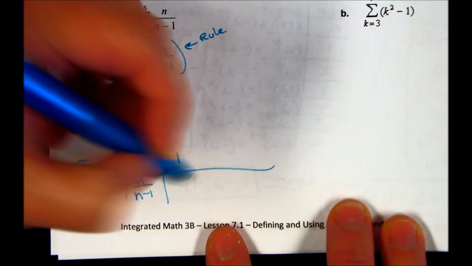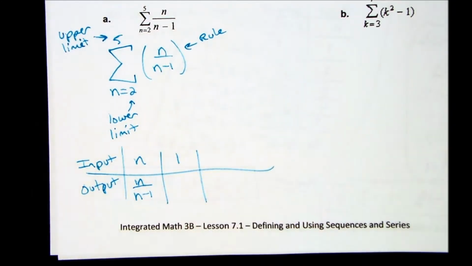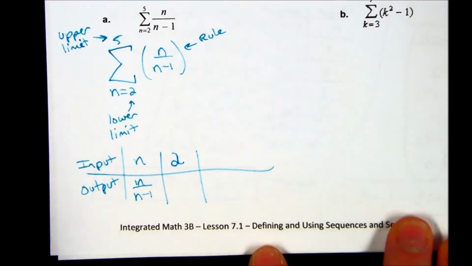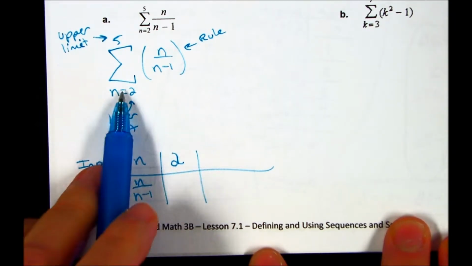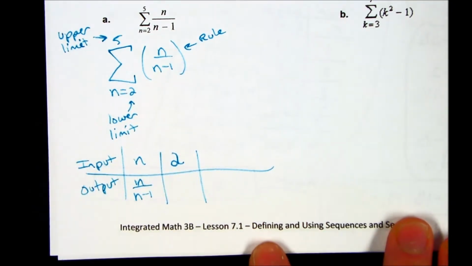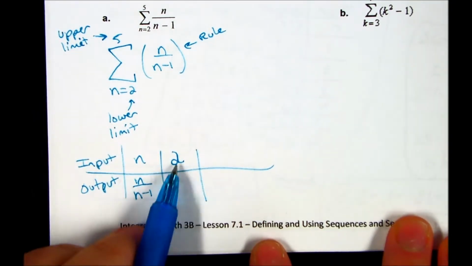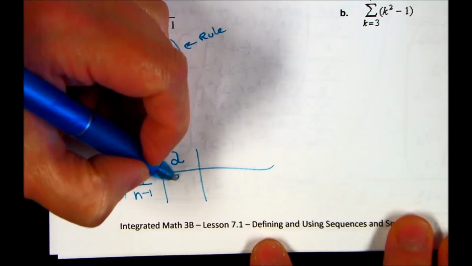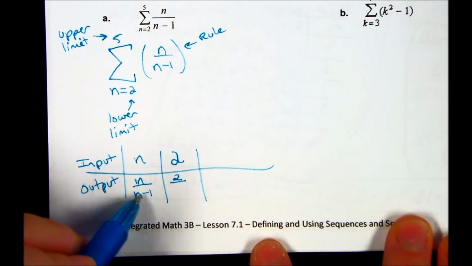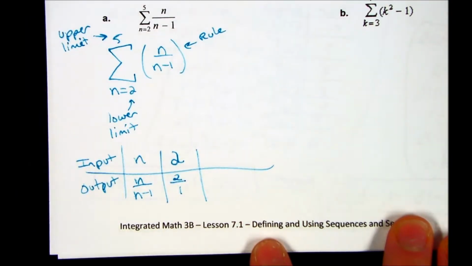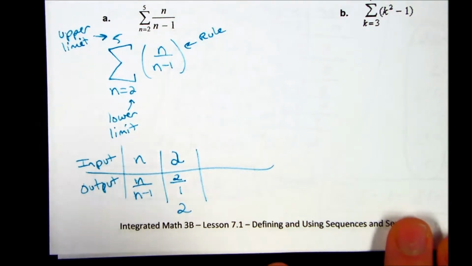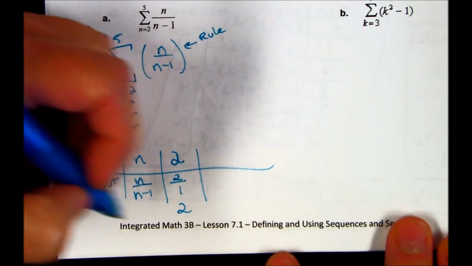So here we go. Oops, I put 1. My lower limit is 2, not 1. So again, I made that mistake I just told you to watch out for. So if I substitute 2 now into this rule, I would have 2 over 2 minus 1, which is 1, which would just equal 2. So 2 is the simplified answer, output.